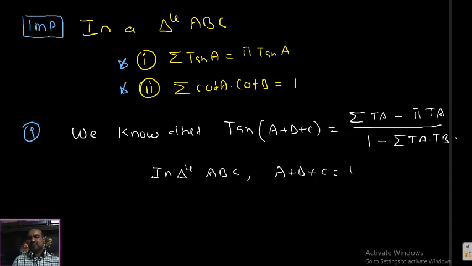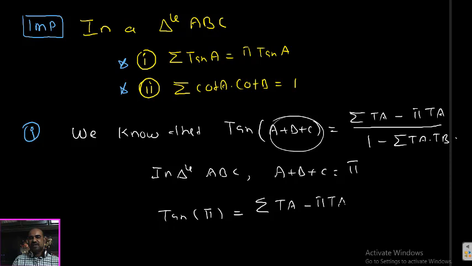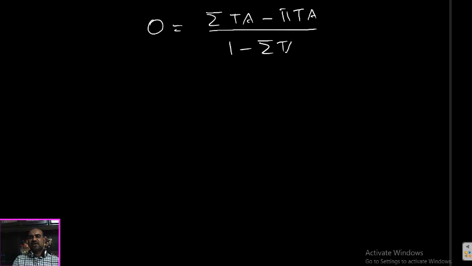A plus B plus C is pi, 180 degrees. So instead of A plus B plus C, I wrote pi: tan pi equal to sigma tan A minus pi tan A by 1 minus sigma tan A into tan B. Tan pi means 0 only. So 0 equal to sigma tan A minus pi tan A by 1 minus sigma tan A into tan B.